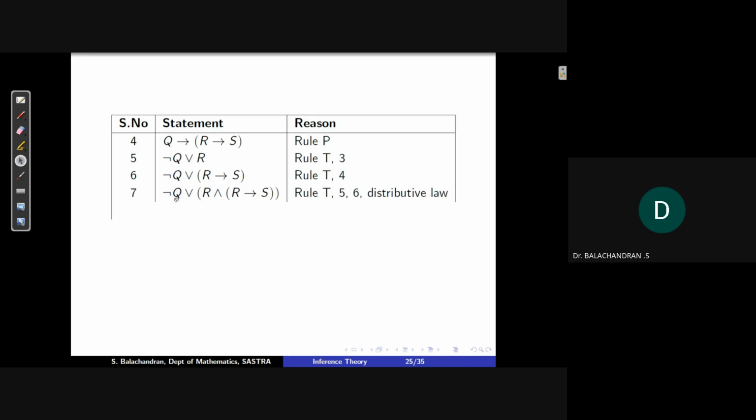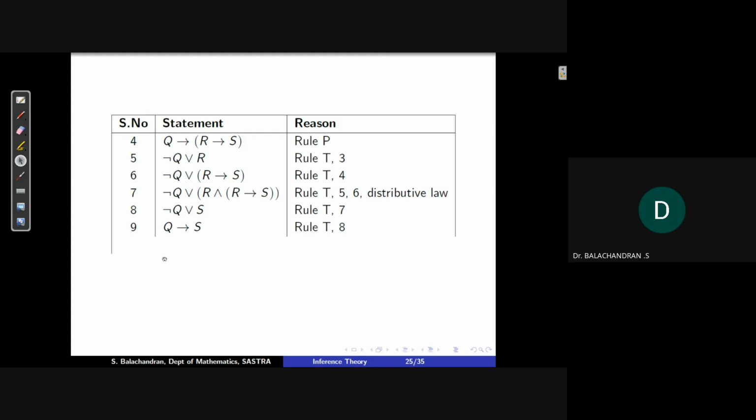I am getting negation Q R, R and R implies S, and then next step, negation Q R, R comma R and R implies S is S. Now negation Q R S is Q implies S. So we got Q implies S, assuming P is an additional premise.